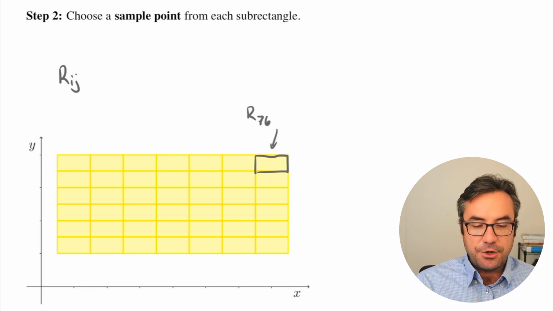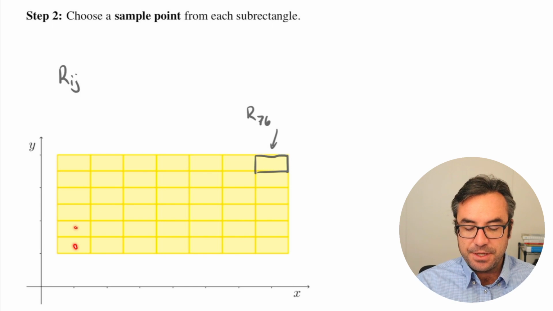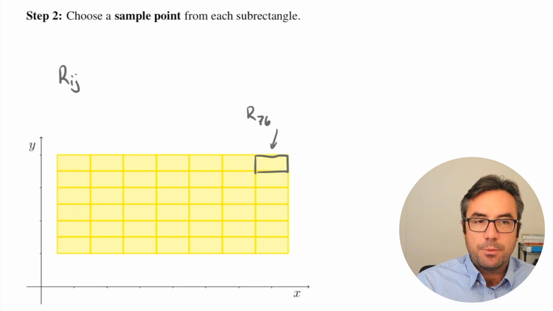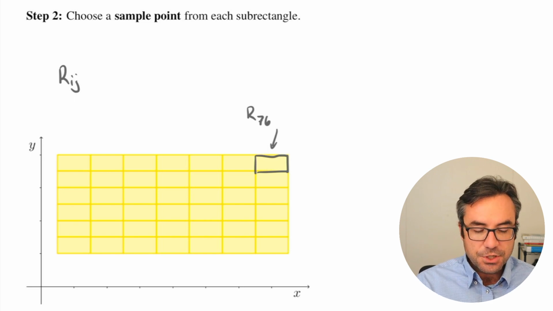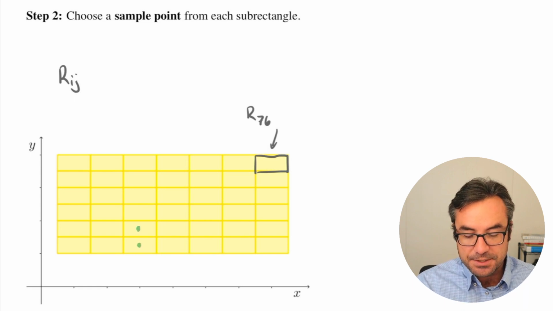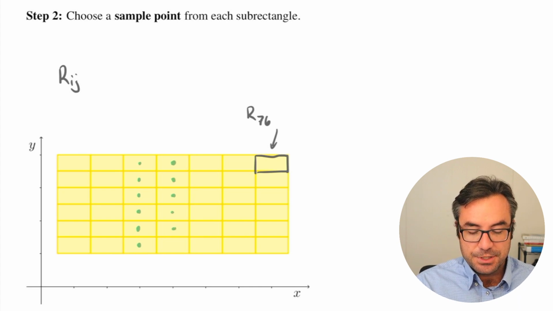And what we want to do is for each of these little subrectangles, we want to pick a sample point. So we could be systematic about this. And so we could pick, say, all midpoints. So we could do something like this.